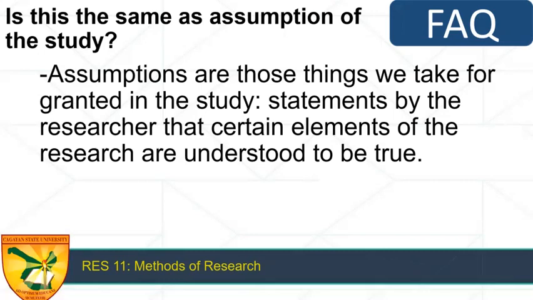Generally, every specific question is implicitly based on an assumption. If there is no assumption, there can be no specific question. Assumptions are those things we take for granted in a study. They are statements by the researcher that certain elements of the research are understood to be true.